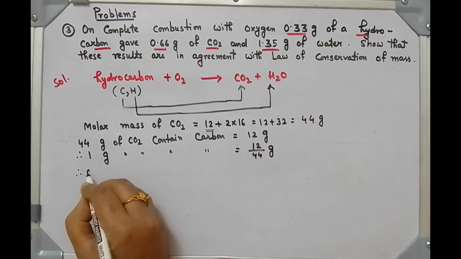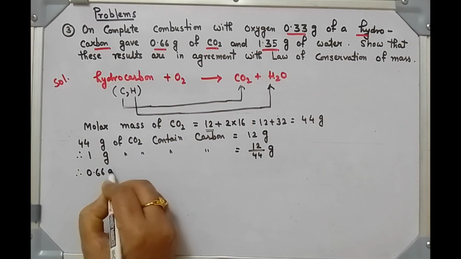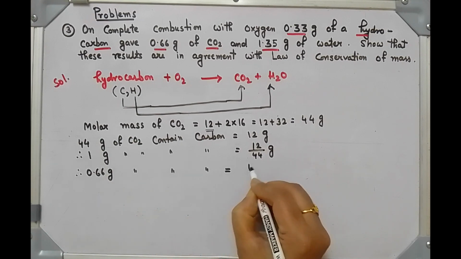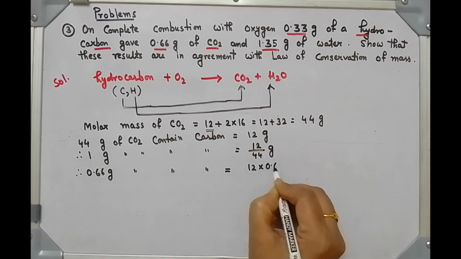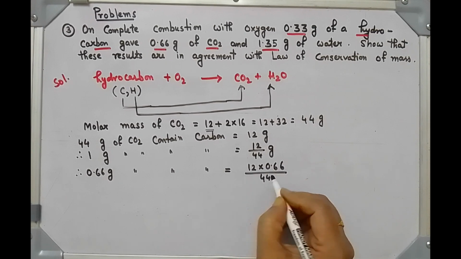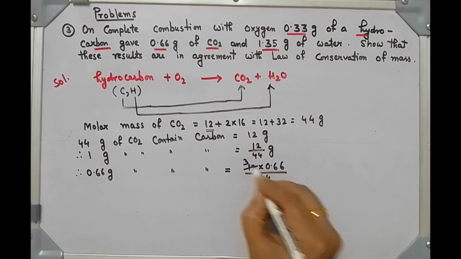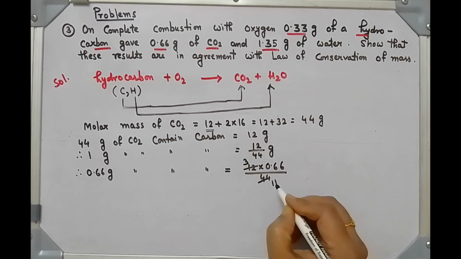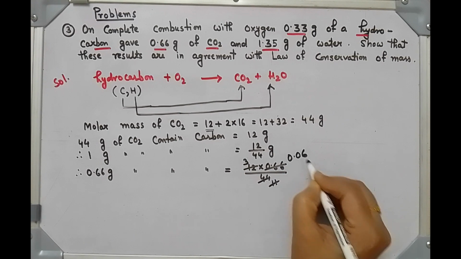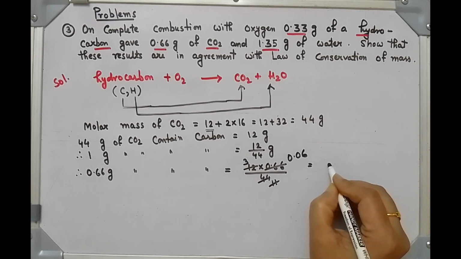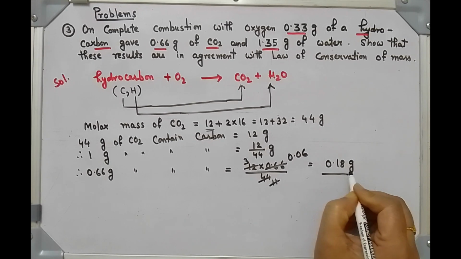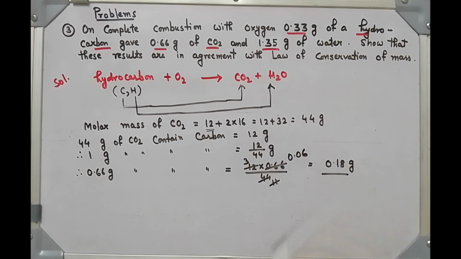So, this much gram of carbon dioxide contain carbon this much gram, 0.18 gram.